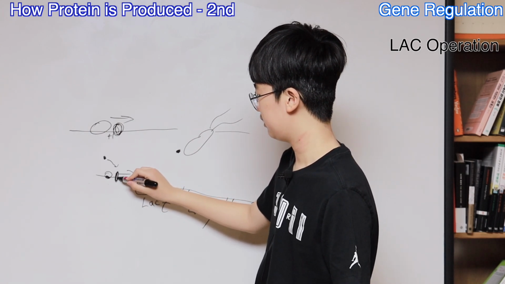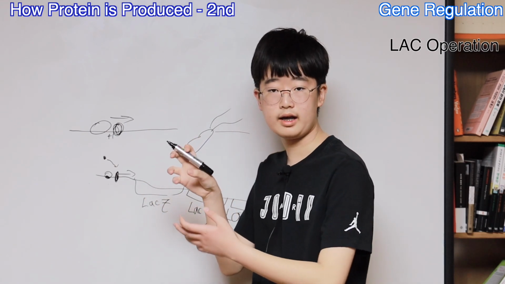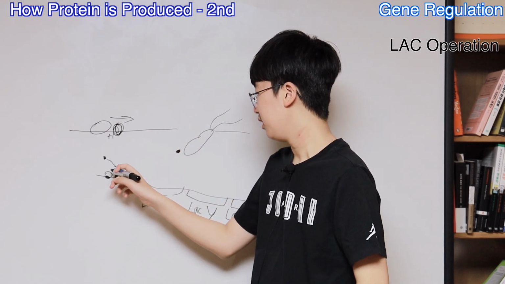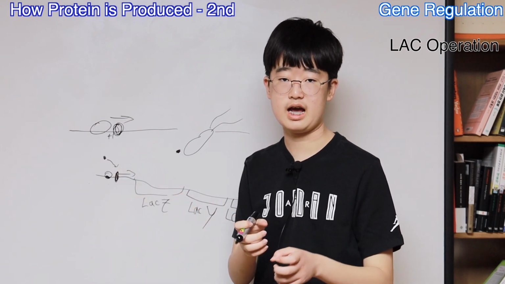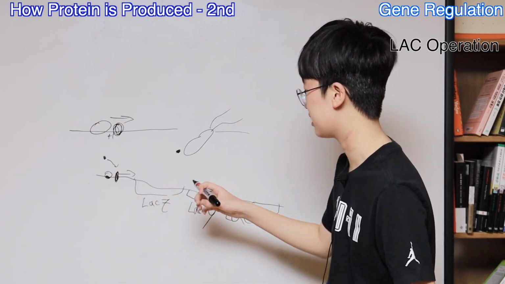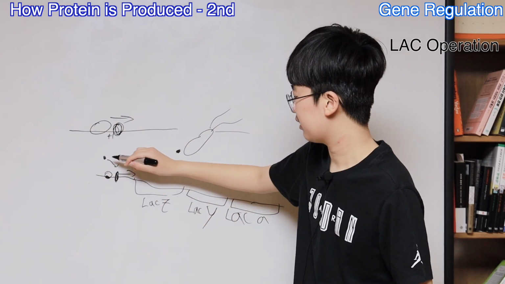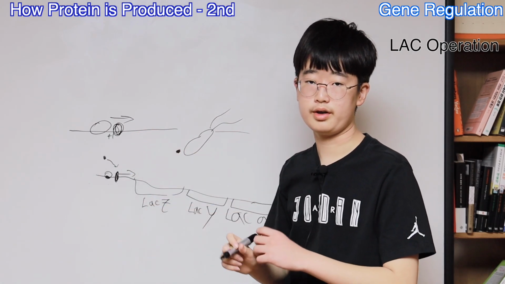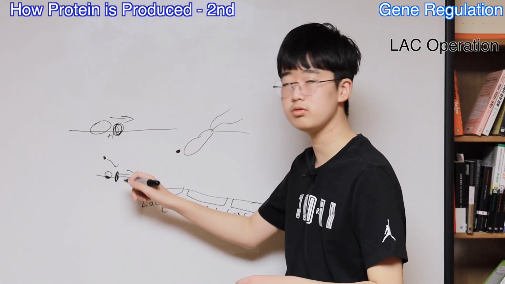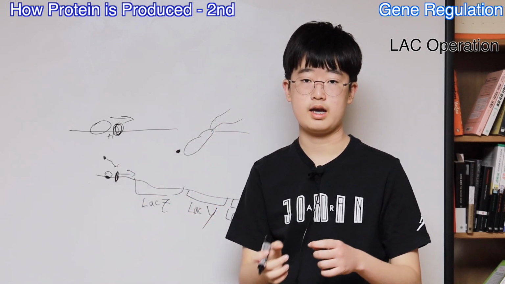Well, but this protein is right now blocking the polymerase from moving. The sigma factor has not yet fallen off because it can't do its job. But if a lactose flies by, this protein binds onto the lactose.